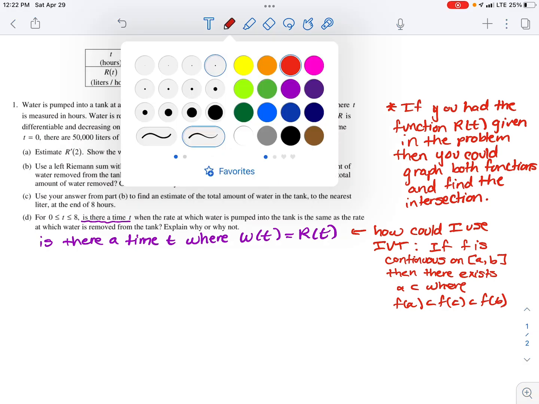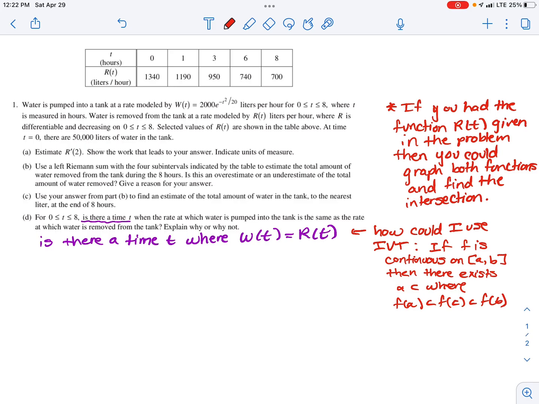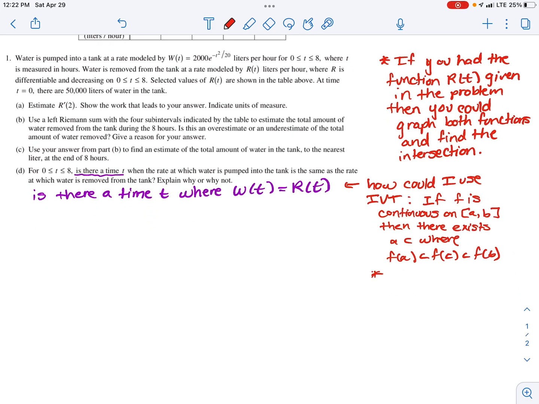Then you're like, all right, well, there was also this kind of corollary, so to speak, that followed, right? That if f of a and f of b have opposite signs, then there exists a c where f of c is 0.